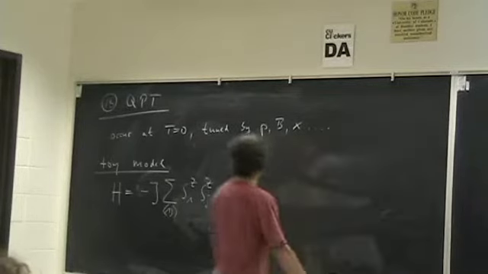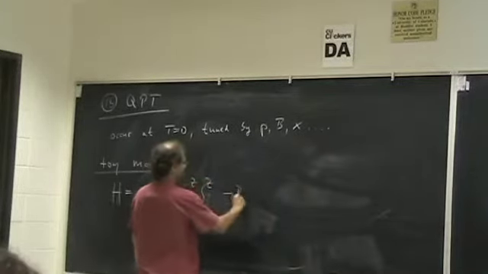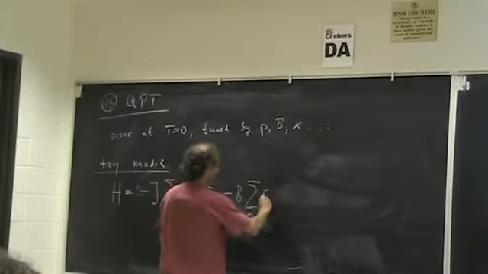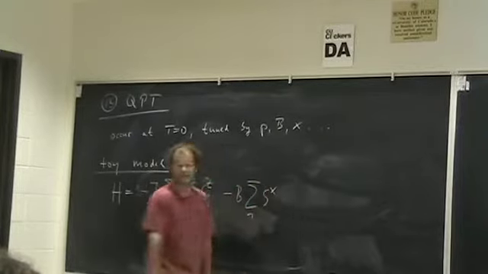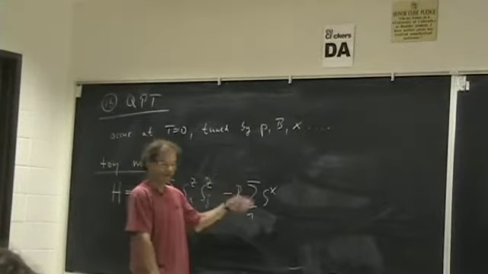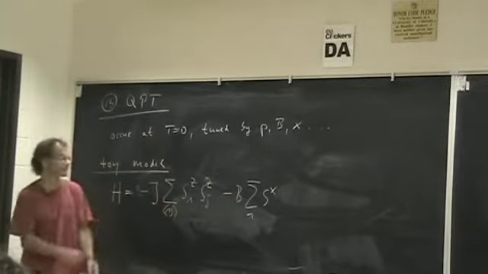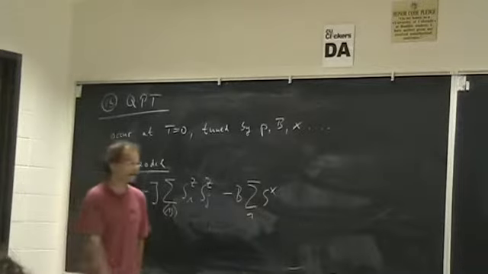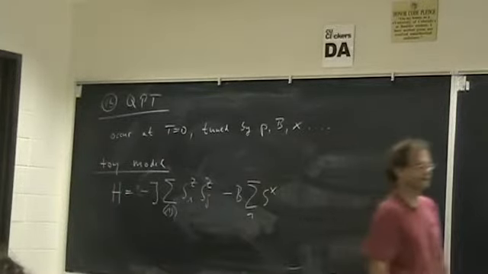S^x. Something like that, right? And I've absorbed all the constants, Bohr magneton and things like this, in the definition of what B is. So that's my toy model, and it turns out it's good enough to understand the transition.